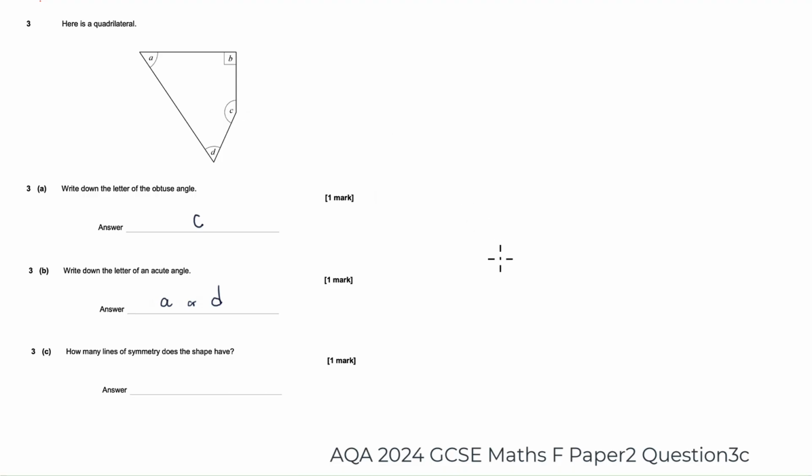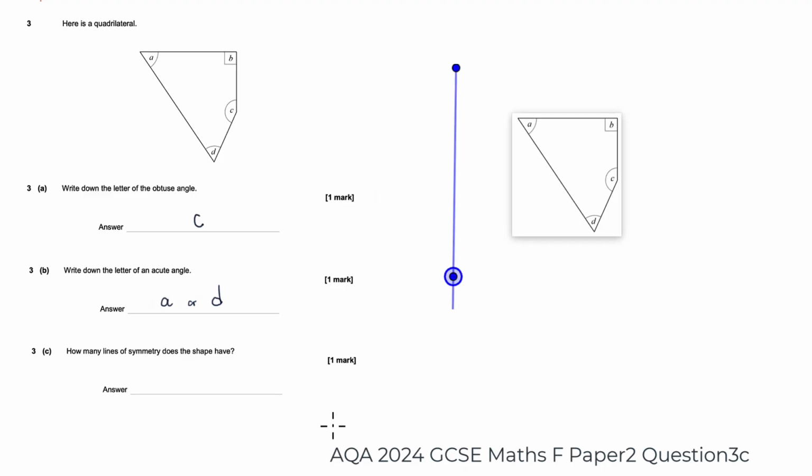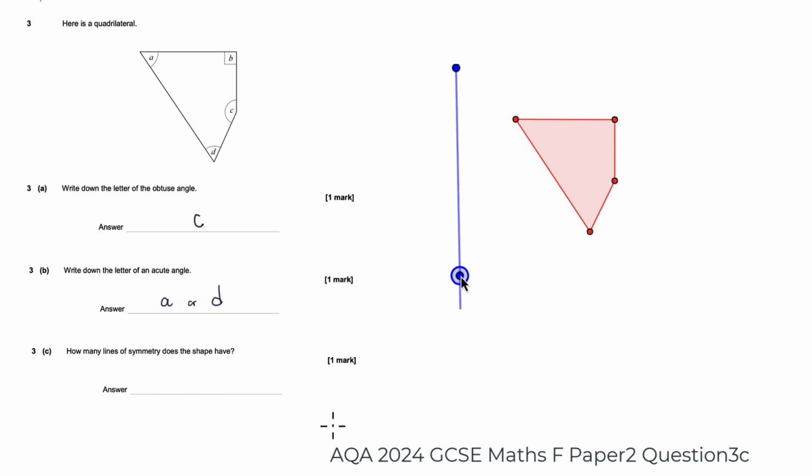Well, let's try it. So here's the original shape, the angles A, B, C, D, and I've copied it down so that there it is in red, and I've got a mirror. Now, just to show it's a mirror, you can see there's the reflection of the red shape.